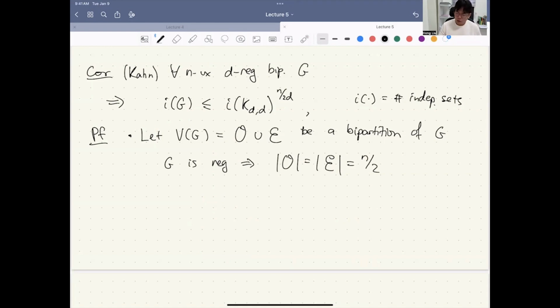As usual, we're going to write I of G for the set of all independent sets. What we're going to do is sample a random independent set uniformly from the set of all independent sets. Uniform random independent sets in G. What do we know?